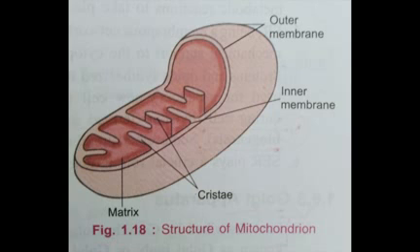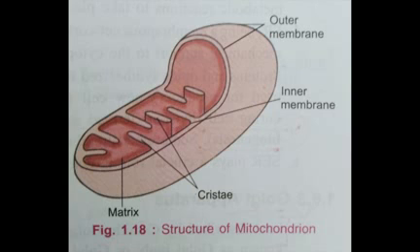The stepwise released energy by oxidation of food is converted into usable chemical energy in the form of ATP, that is adenosine triphosphate molecules. ATP is known as the energy currency of the cell, where energy is stored. The ATP molecules are released into the cytoplasm for providing energy for various vital functions.